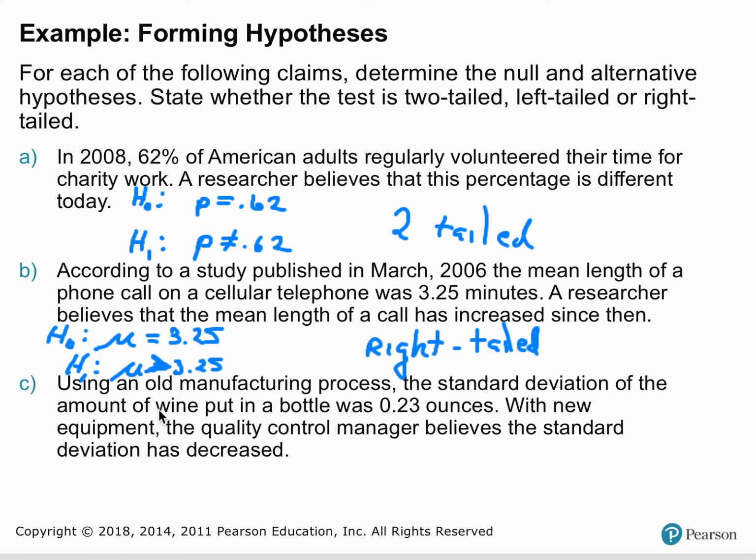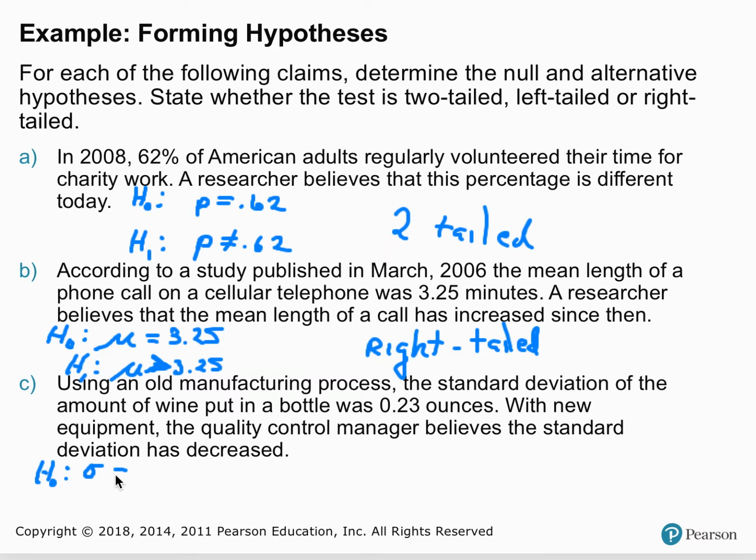Using an old manufacturing process, the standard deviation of the amount of wine put in a bottle was 0.23 ounces. With new equipment, the quality control manager believes the standard deviation has decreased. So what is your null hypothesis? Okay, first of all, we've got to figure out what kind of parameter we have. Standard deviation. All right?